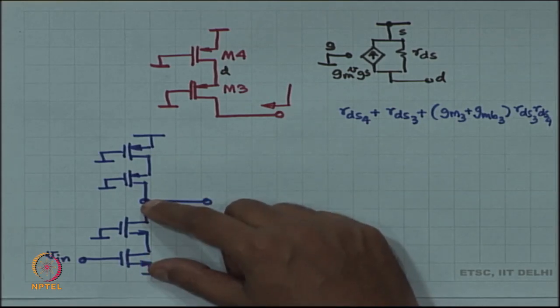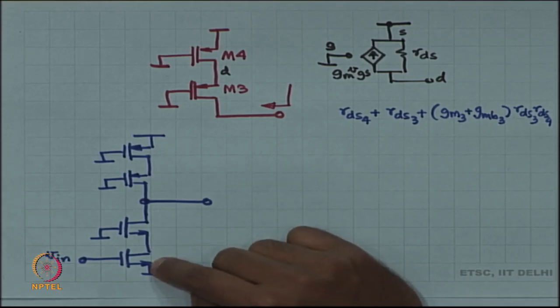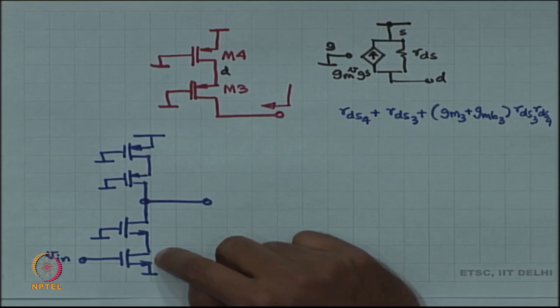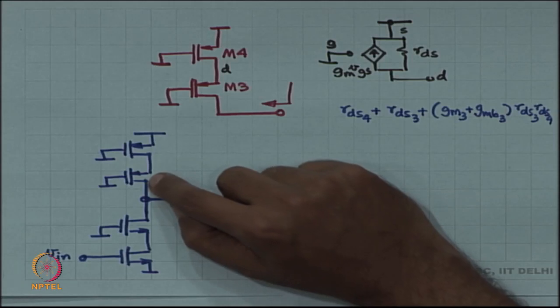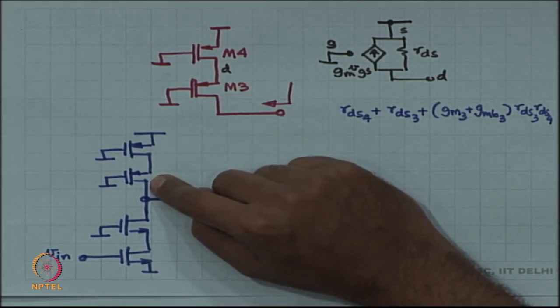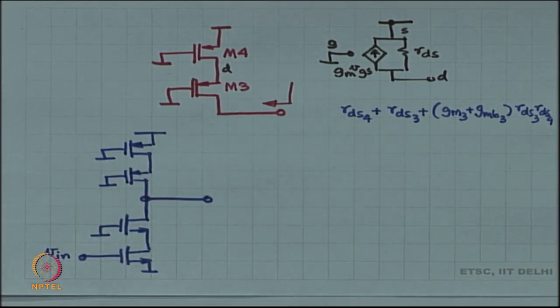The output impedance of the Cascode amplifier was RDS2 plus RDS1 plus intrinsic gain of this MOSFET times RDS1. The impedance of the load over here is RDS3 plus RDS4 plus intrinsic gain of MOSFET number 3 times RDS4. Okay, so these are going to be comparable to each other.